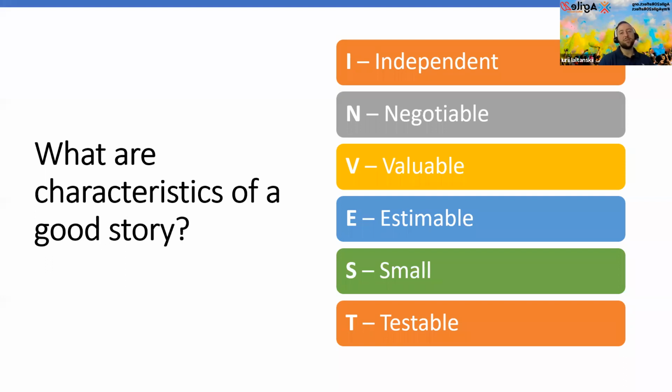Why is that? Well, because it's not a hard contract between the stakeholders and the team. And we need to work with the customers to understand better what the requirement is, right? In many ways, we can see that the initial user story could evolve.